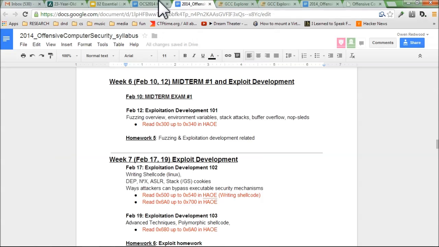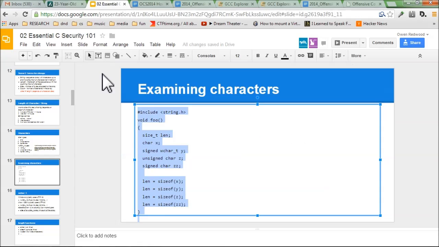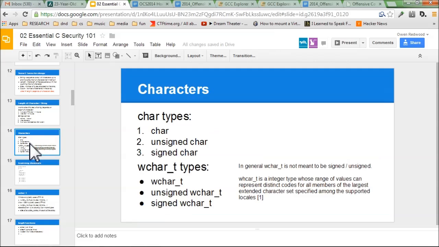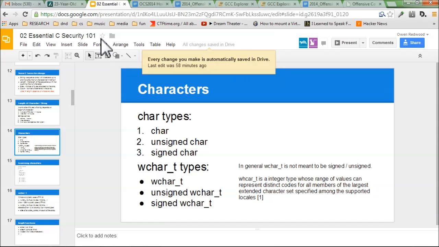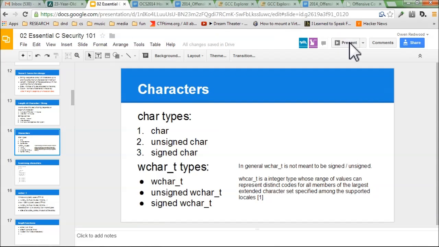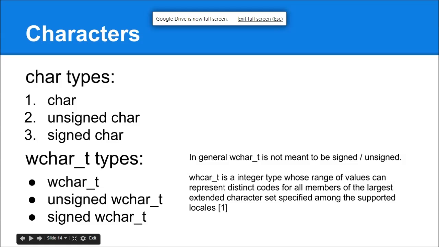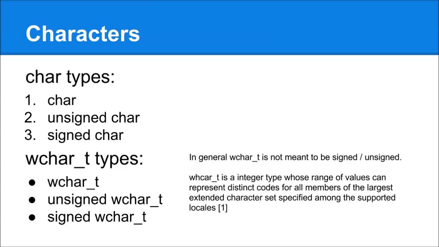We're going to see how things work and sizeof and how things are calculated. So for character types, there should be no difference between char, unsigned char, and signed char in terms of the amount of bits it takes.